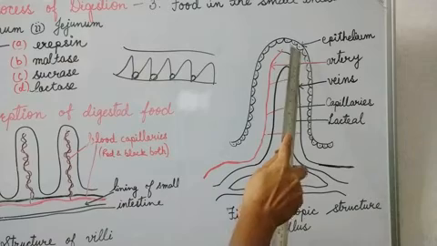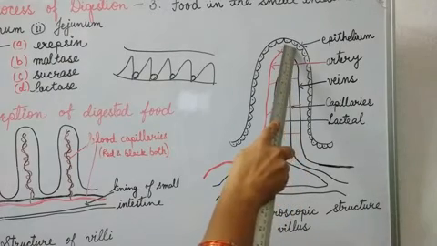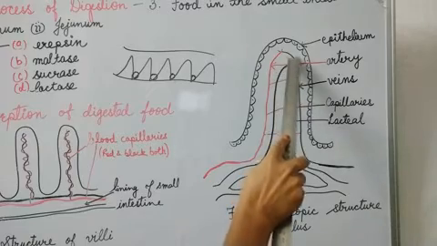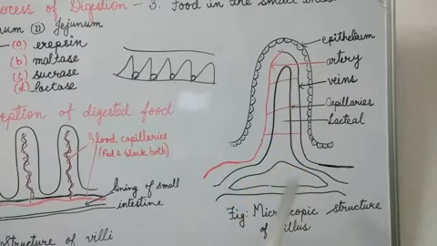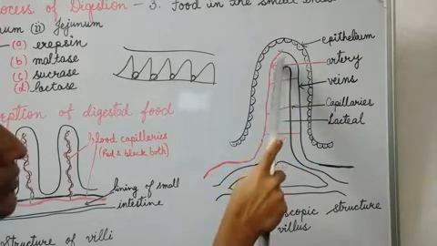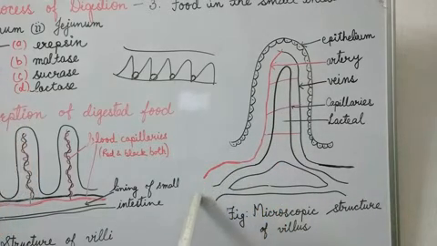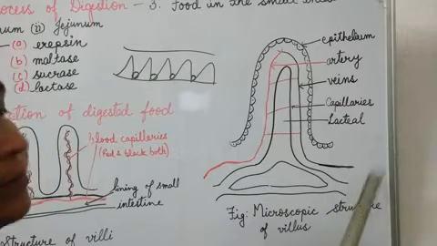So they absorb the sugar and amino acids and transfer them into these blood capillaries. Then from these capillaries it passes into this thick one, the main blood stream.